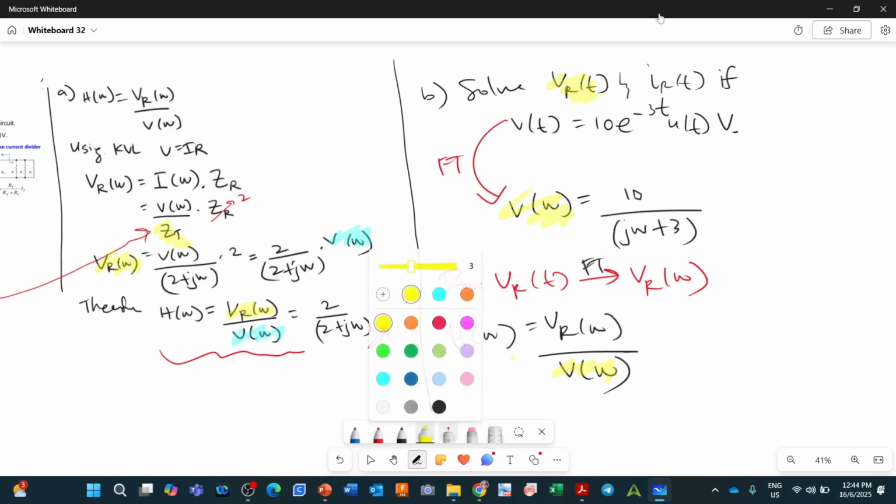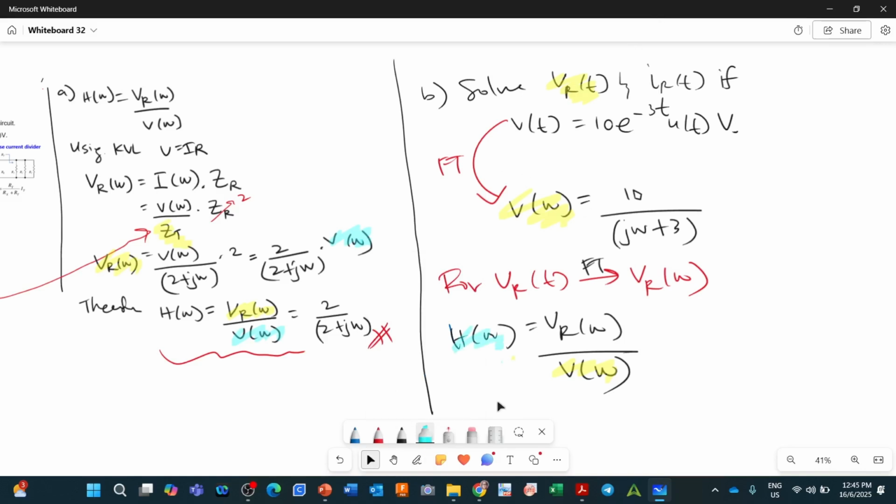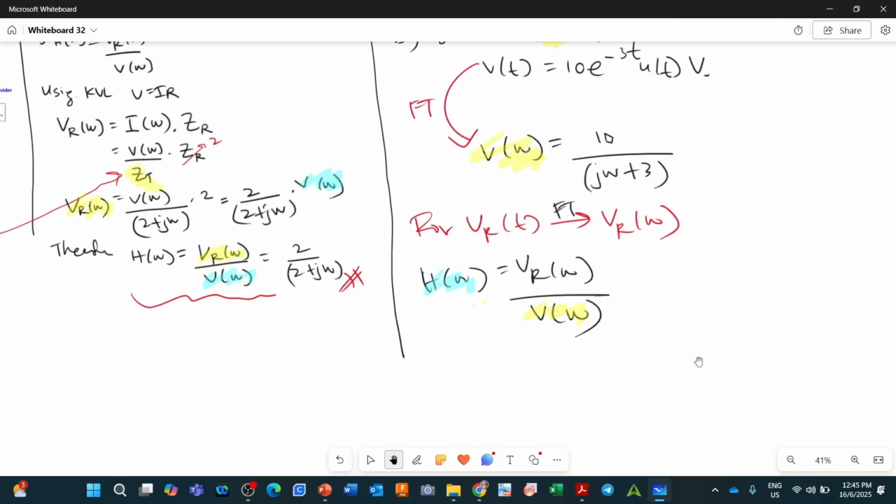Do you have H omega? Yes, based on the previous part A. So can you get VR? Yes. Therefore VR omega is equivalent to H omega times V omega.